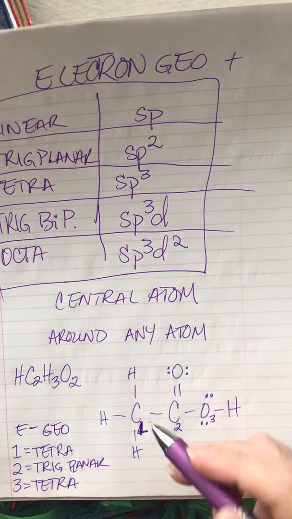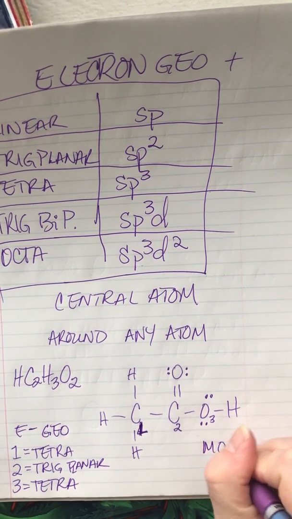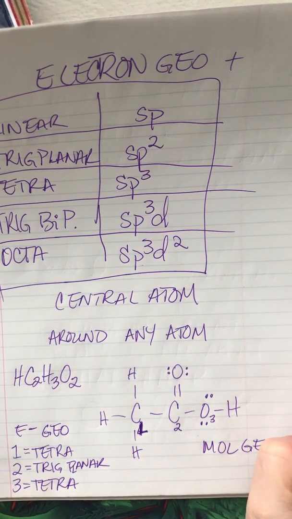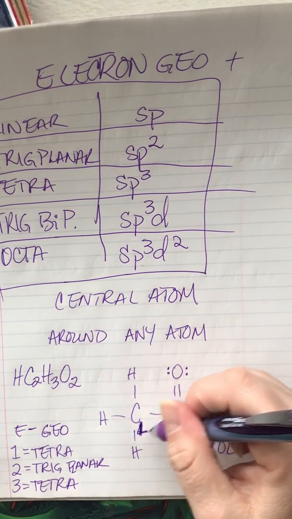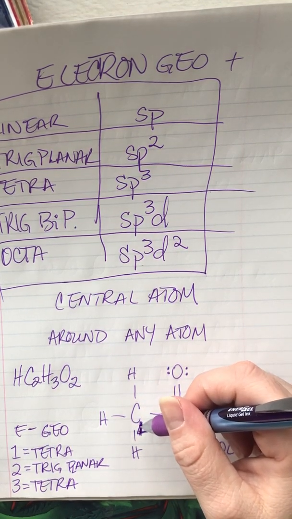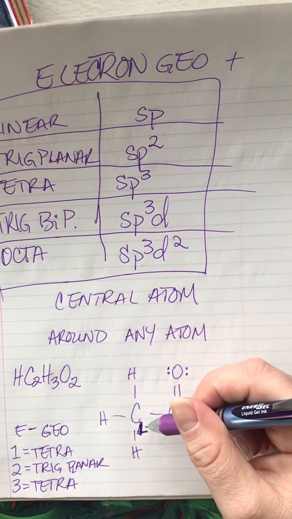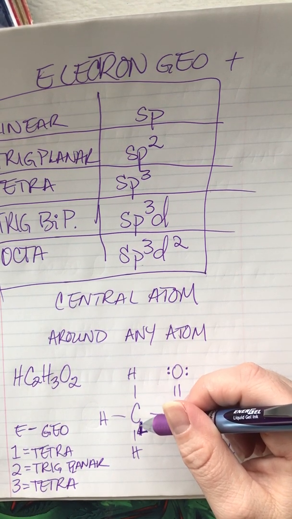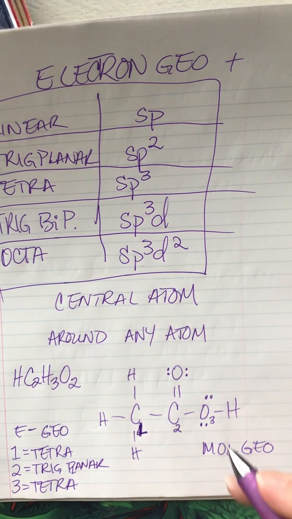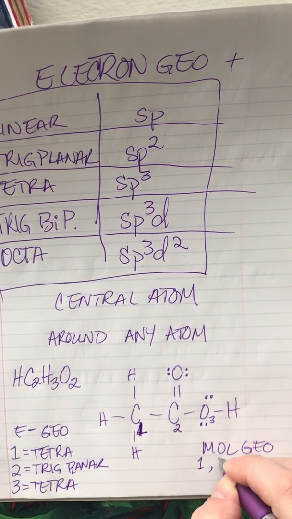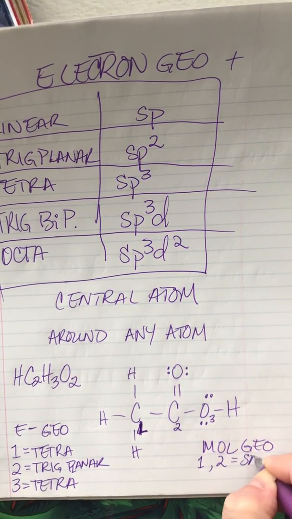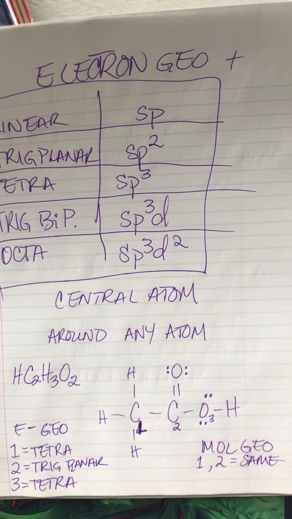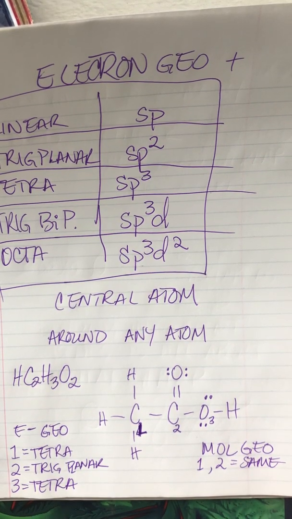Right? Now if we're looking at the molecular geometry, this guy has the same molecular geometry as it does electron geometry, because there's no lone pairs. You with me? So 1 and 2 are the same as the electron geometry.